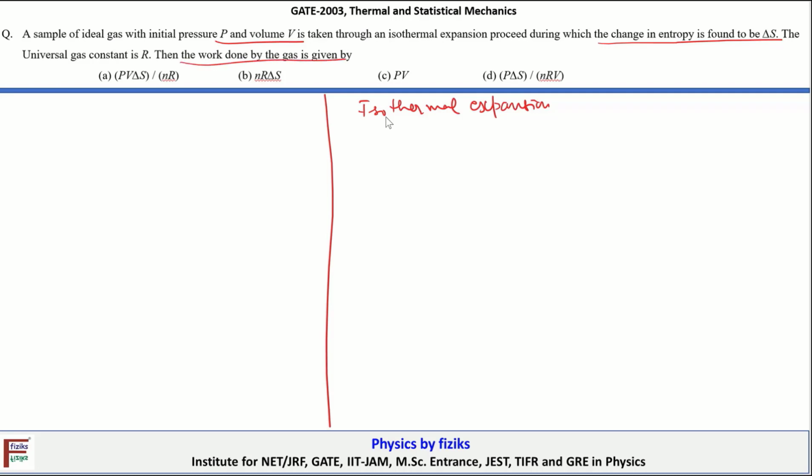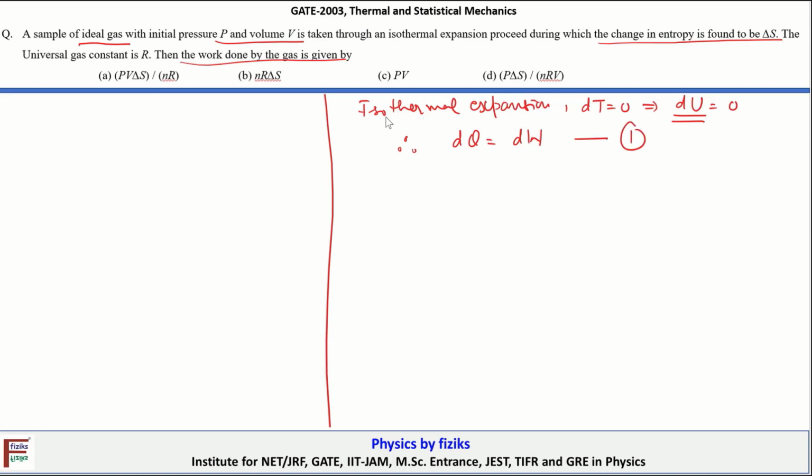For an isothermal process, we have dT equal to 0. Because it is an ideal gas, when dT is equal to 0, this implies du is equal to 0. So if we apply the first law of thermodynamics, we notice that dQ is equal to dW, because dU is equal to 0 in this case. Let's call this equation 1.